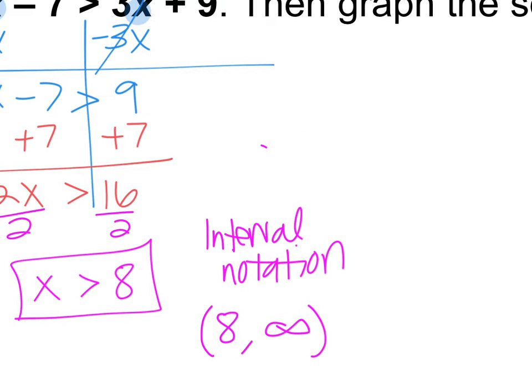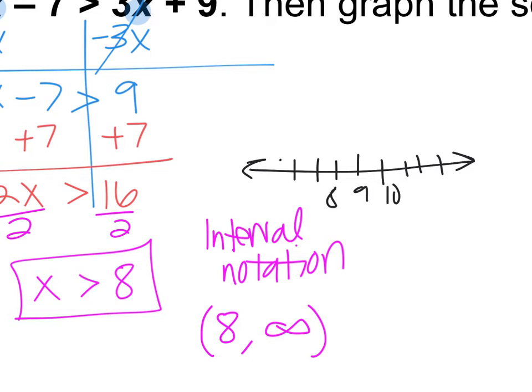And if we were graphing, we'd have our number line. And we would have a parenthesis. So we're used to putting an open circle on 8, but a different equivalent to open circle is a parenthesis.